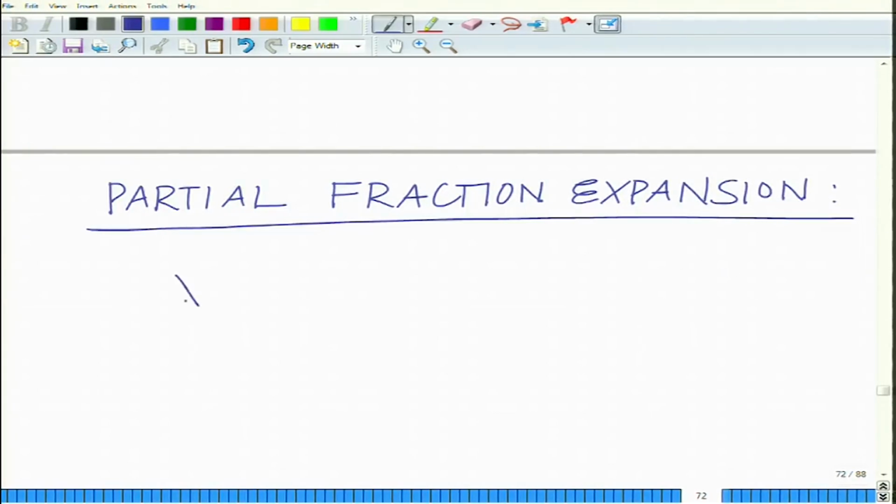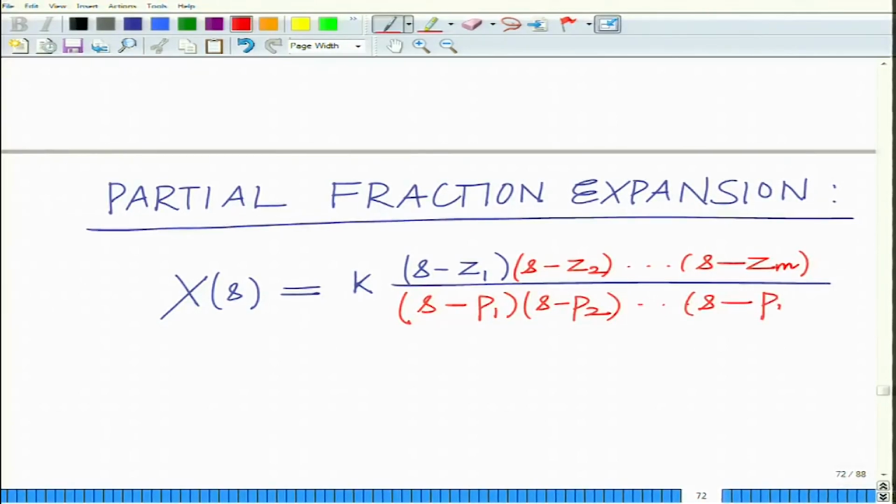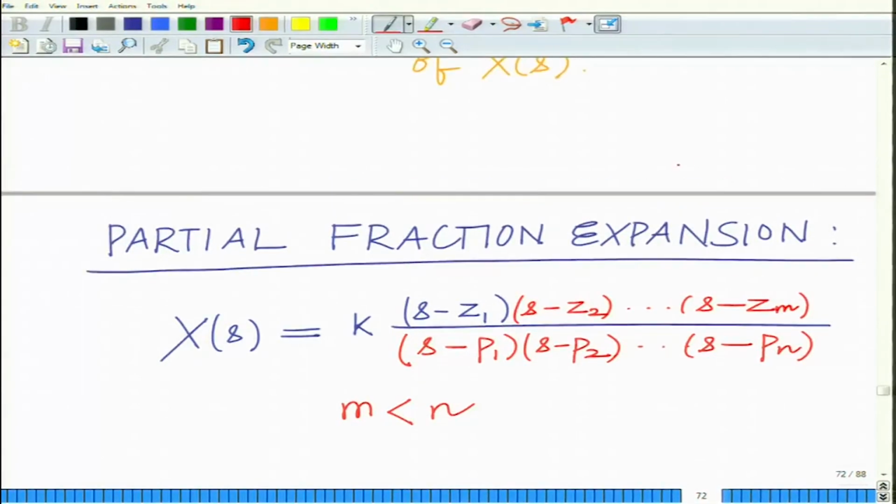For the partial fraction expansion, we have X(s) equals some constant k times (s minus z1)(s minus z2) up to (s minus zm) divided by (s minus p1)(s minus p2) up to (s minus pn), where z1, z2, zm are the zeros, and p1, p2, pn are the poles, and m is less than n.